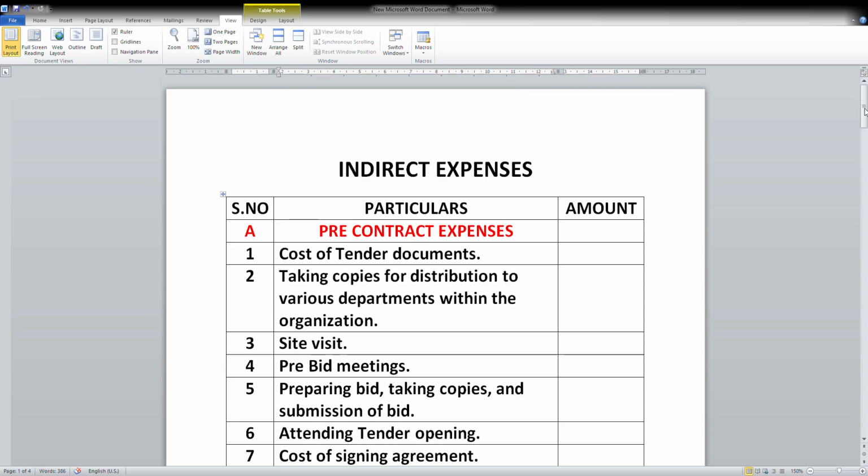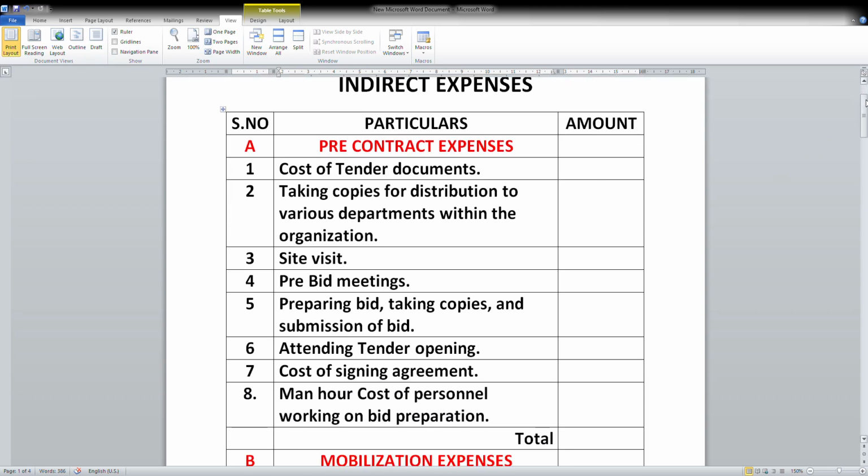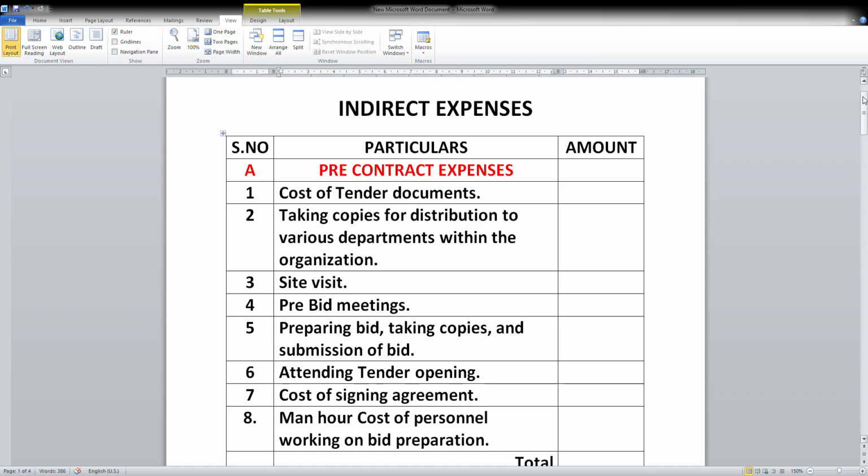Whereas indirect expenses fall under different heads, and this primarily varies from individual to individual, company to company, as well as by project, depending upon project size. So wherever the heads are not applicable, you can always note it is not applicable.